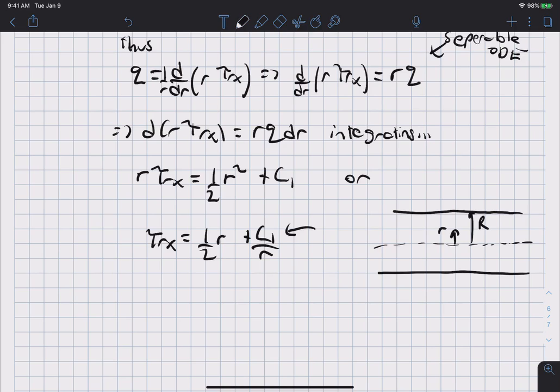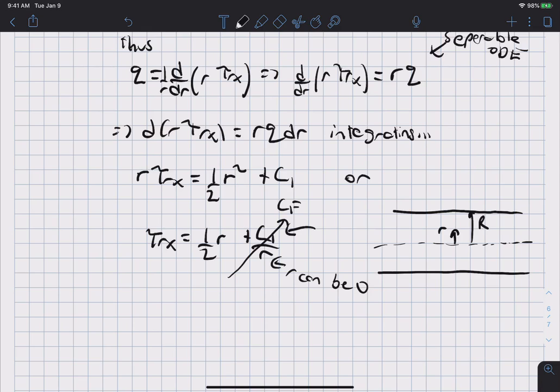Well, at r equal to 0, the center line of the channel, our ODE is being solved to the center line, so r can be 0, and our equation must be valid where r is 0. So basically, c1 equals 0.